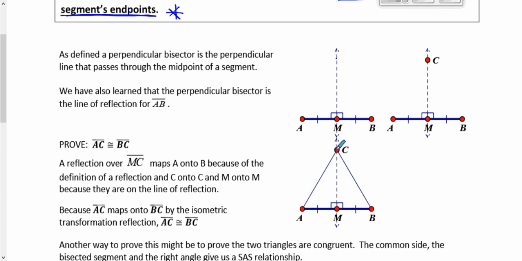Now, do you remember? We did some constructions a while back, and we were asked to construct a line of reflection. What was it that we actually constructed? They gave us two reflected triangles. You just did the perpendicular bisector, didn't you? So we could think of this equidistant business as coming from what transformation?